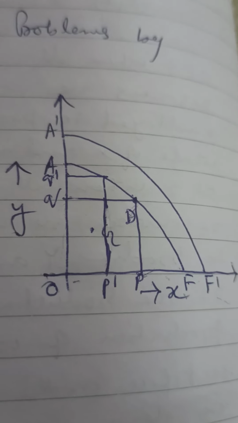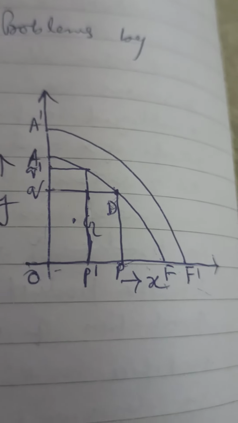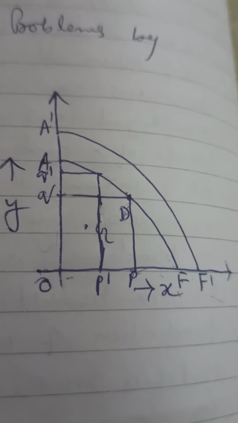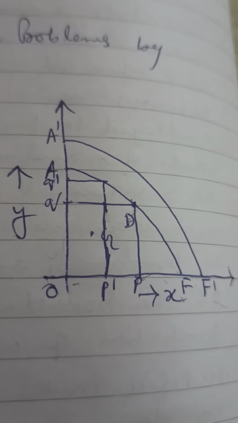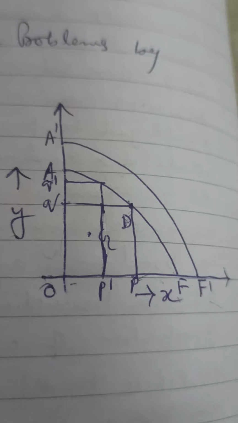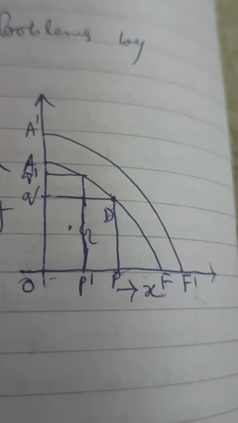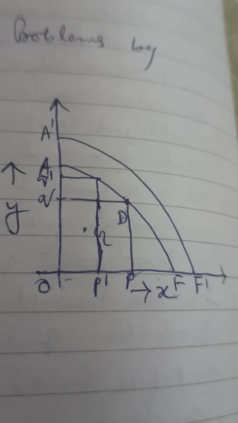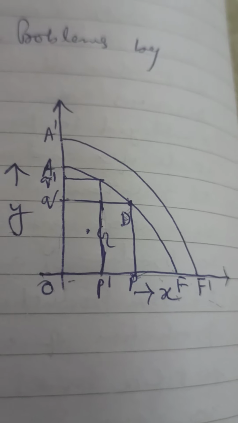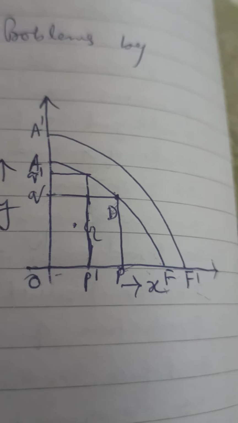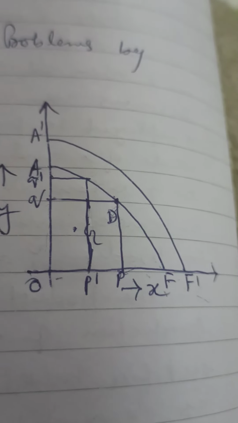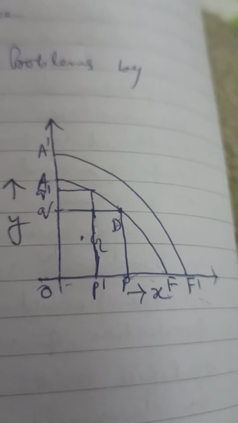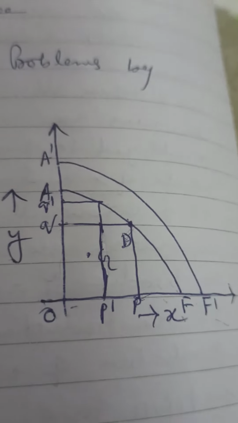Say the economy decides to produce at point D. Then the coordinates of point D give the goods to be produced and consumed by the economy, that is OP amount of X and OQ amount of Y. So OP amount of X and OQ amount of Y are produced if we operate at point D.